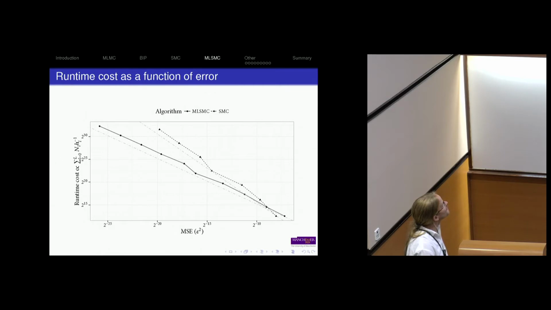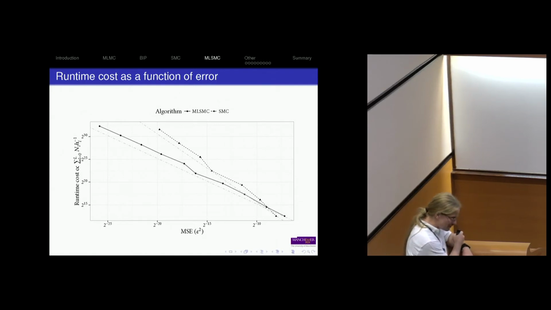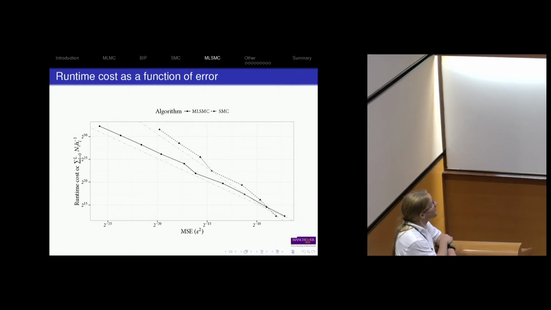All right, so this is just illustrating that for that PDE example we looked at. I can't remember if the dimension is 1 or 2, but this capital K is about 50.